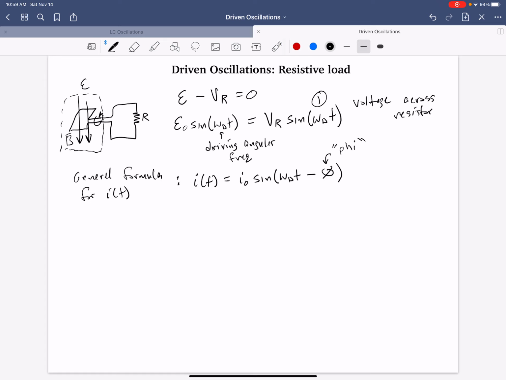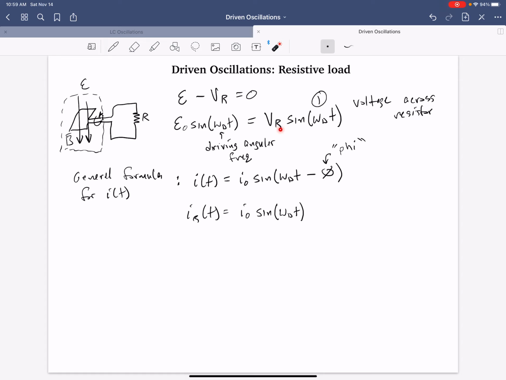Okay, so using this general formula for the current, let's see how the current behaves across a resistor. So the current across the resistor as a function of time is simply that initial current, which has to vary exactly with whatever EMF is being provided.